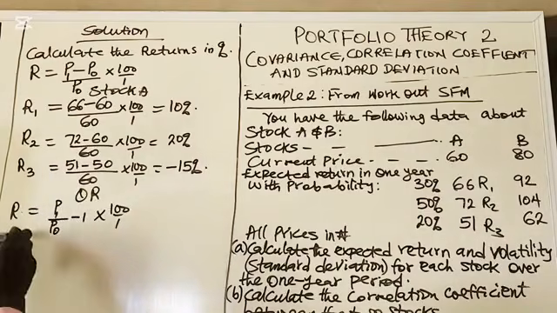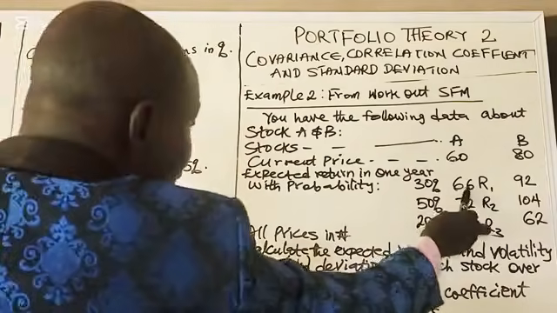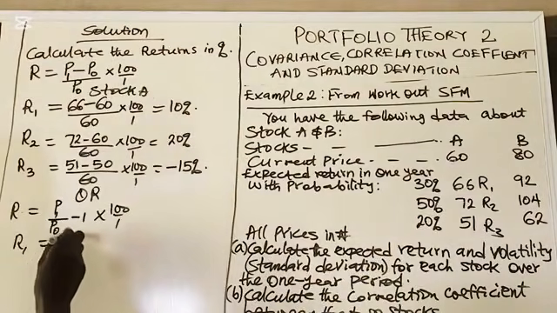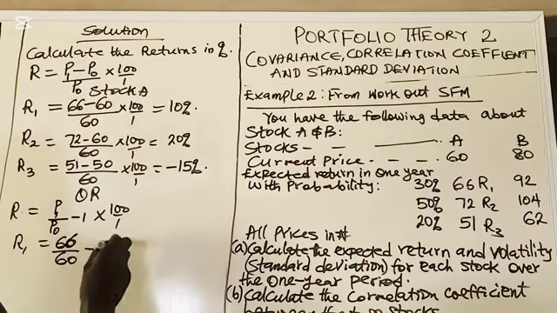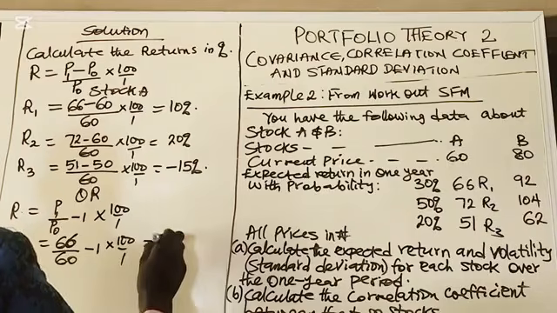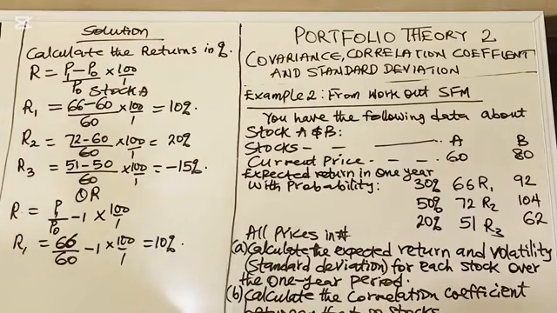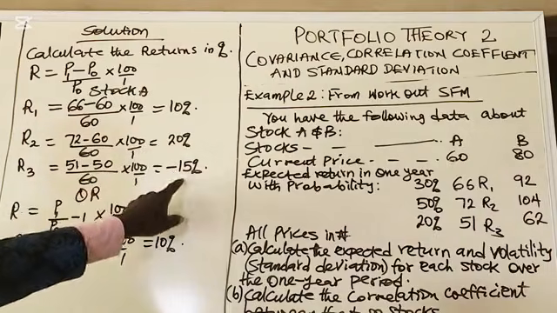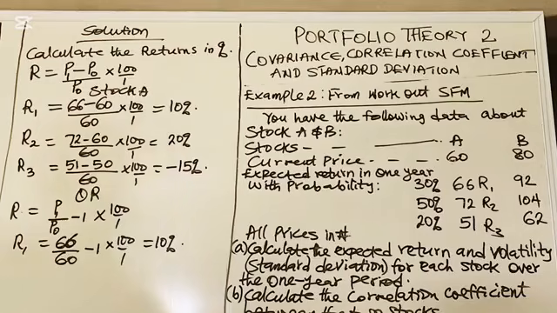For return 1, P1 is 66 over P0, which is 60, minus 1 times 100. 66 divided by 60 gives us 1.1. 1.1 minus 1 gives us 0.1 times 100, that gives us 10%. If you do the same thing for scenario 2 and 3, you will get 20% and minus 15% respectively. So you can apply either this formula or the second formula.